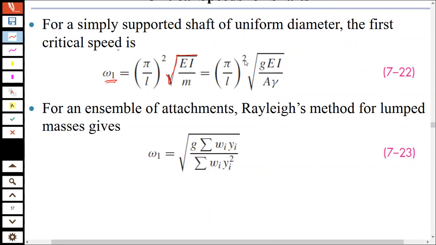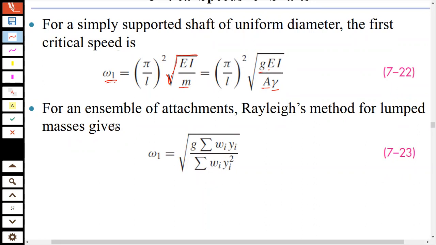Or it is pi over L square, instead of writing m, that is gamma over g. So it will be pi over L square, square root of g EI over gamma times A.